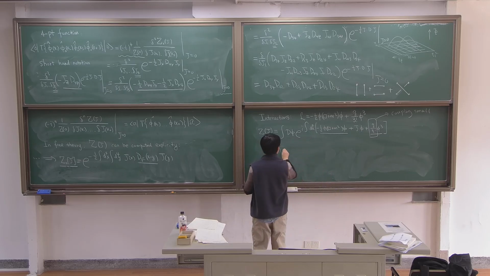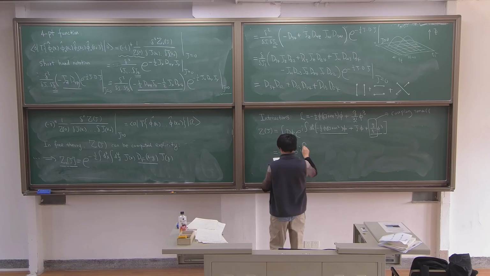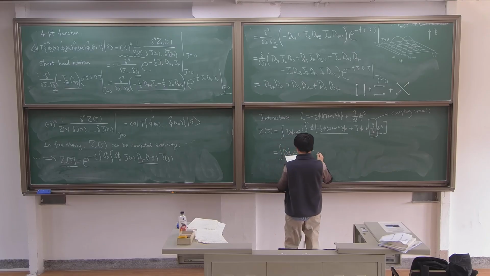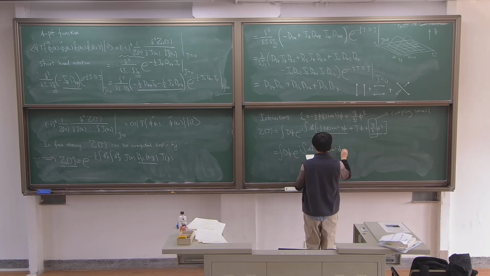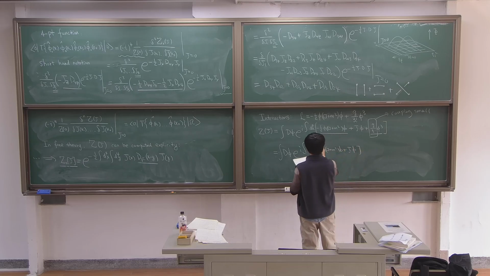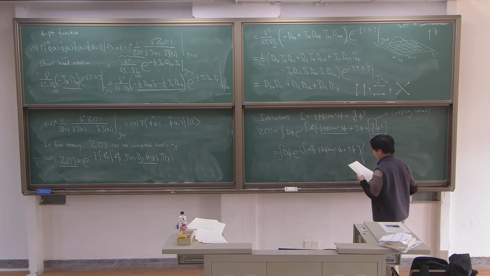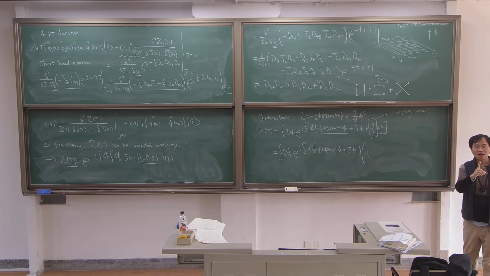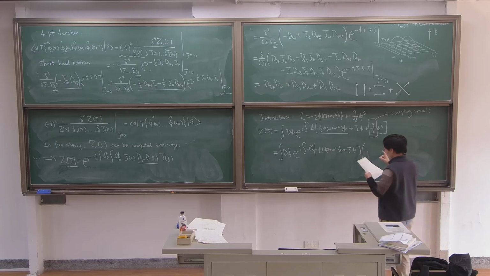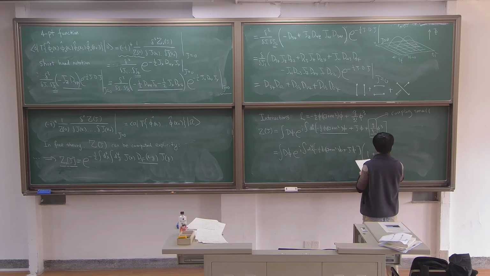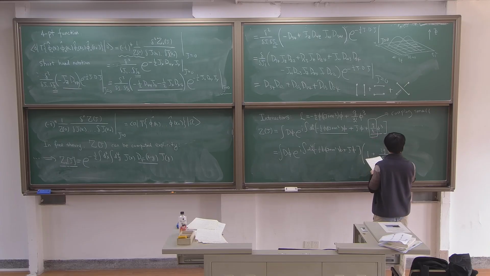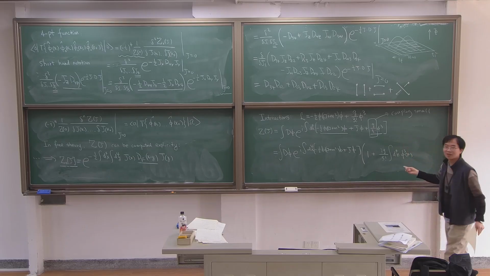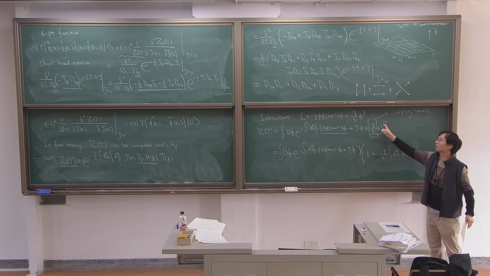So then this will become the free exponential times a big bracket. Now we do the perturbative expansion, right? The first term is 1, the leading term. The second term is i g over 3 factorial times the integral of phi cubed. You just do the Taylor expansion for this term.